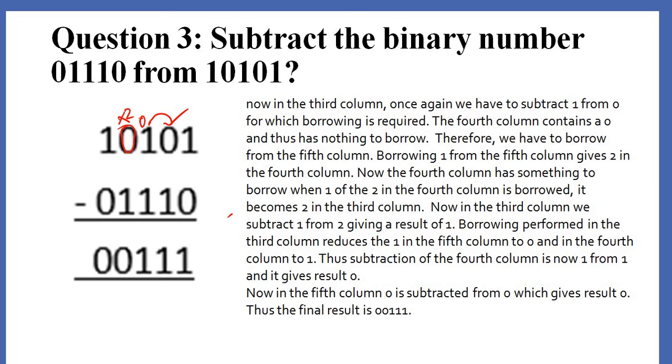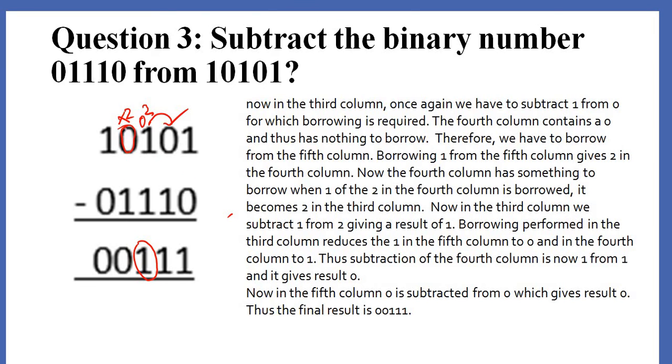So if we take 1 from the fourth column as borrow to the third column, it becomes 2 in the third column. Again we will do the same thing, that is if we subtract 1 from 2, then 2 minus 1 gives 1, right? Now already we have taken 1 from the fourth column, so 1 remains here.